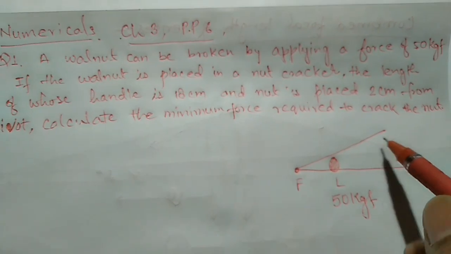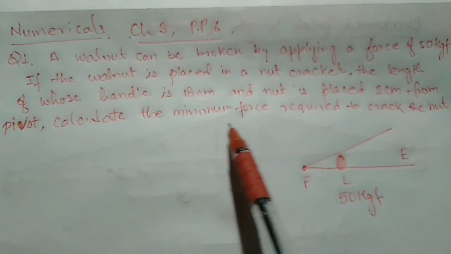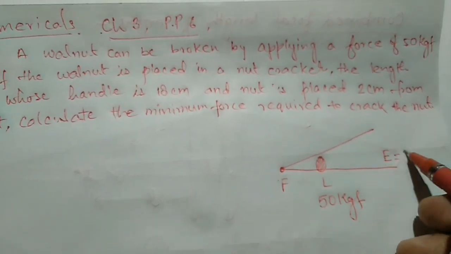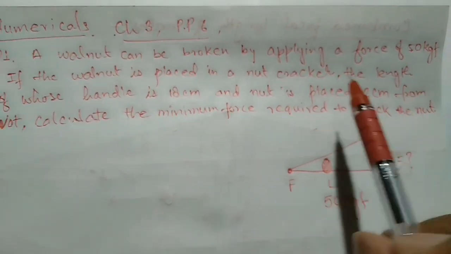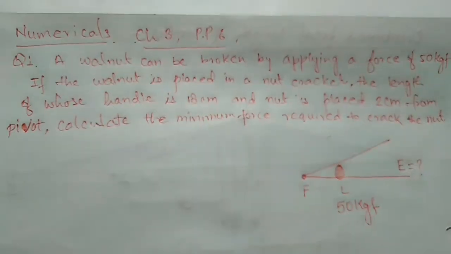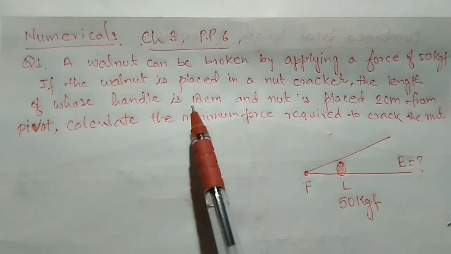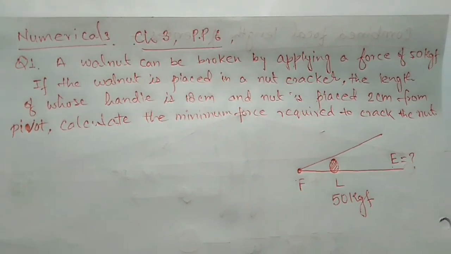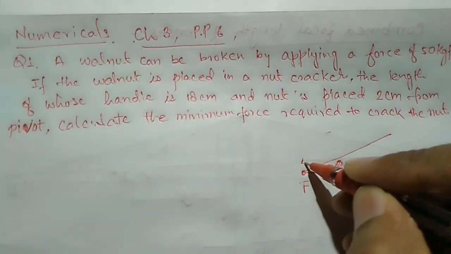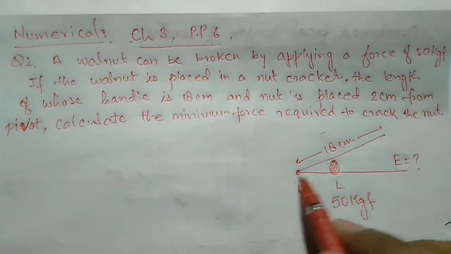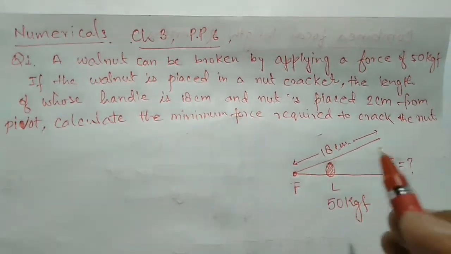Now what is the effort? The question asks to calculate the minimum effort required to crack, so effort is a question mark. And it says the handle is 18 cm long. So draw 18 cm, from here to here, from fulcrum to effort, 18 cm means effort arm.